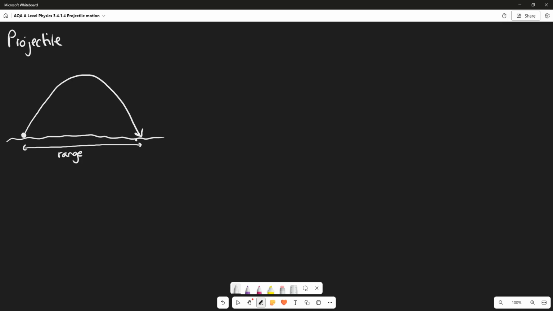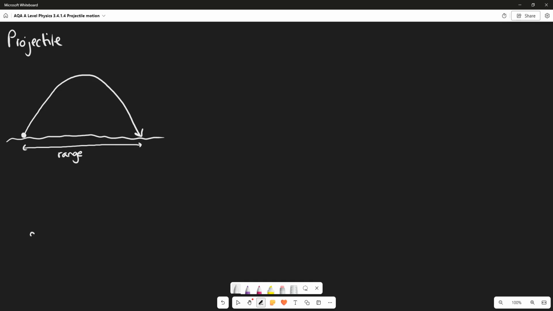So what we do in these types of calculations is we calculate the time that the ball has available to travel horizontally, and that is controlled by how long it takes for the ball to come up and then hit the ground again. So time is the variable that's going to connect the vertical and the horizontal movement together.